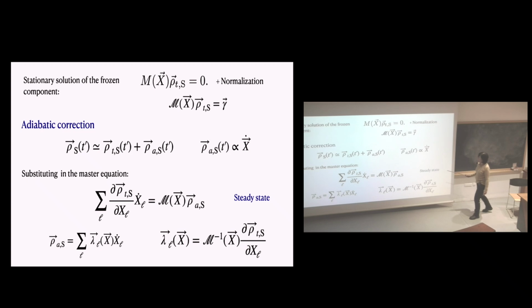Then we can accommodate things, defining the inverse matrix and operating from the left, and we get this expression for the vector representing the adiabatic correction of the density matrix, which is proportional to the velocities.